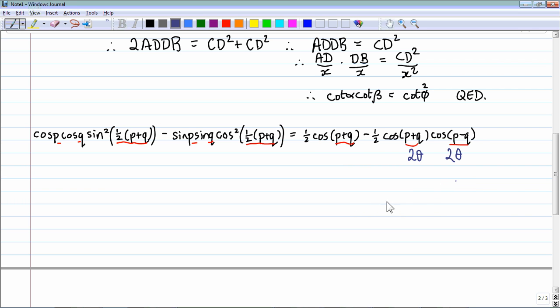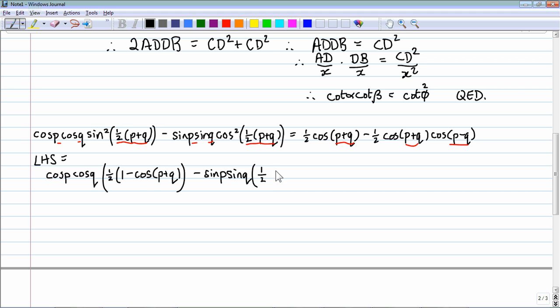So what I'll do is take the left-hand side and treat the sine squared and cos squared terms using those identities we just mentioned. So here we go. All right, left-hand side, this is going to take a lot of writing, equals cos p cos q. Now, sine squared of half (p plus q) must be equal to 1/2 (1 minus cosine (p plus q)), minus sine p sine q.